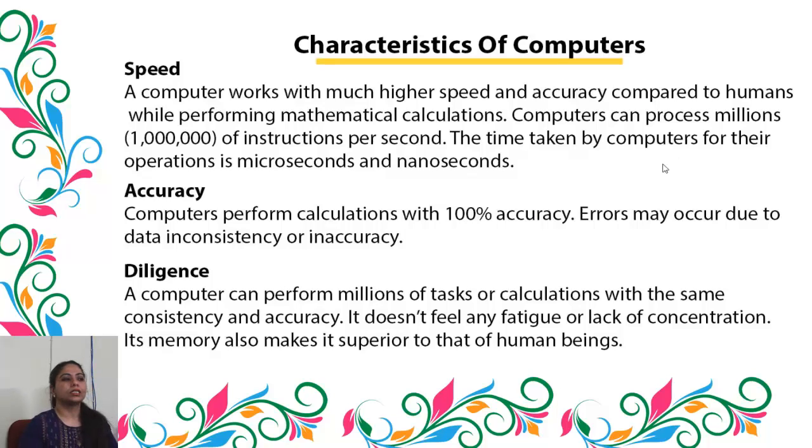So first is the speed. A computer works with much higher speed and accuracy compared to humans while performing mathematical calculations. Yes, that is true. You all know that a computer works at a much higher speed and with more accuracy than a human being can perform a mathematical calculation.